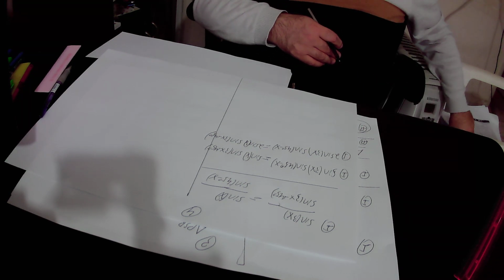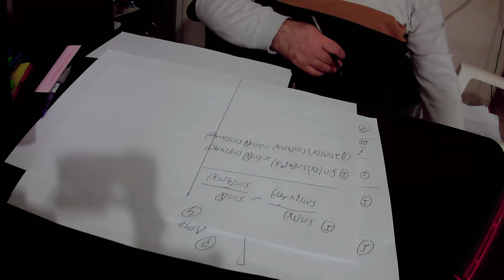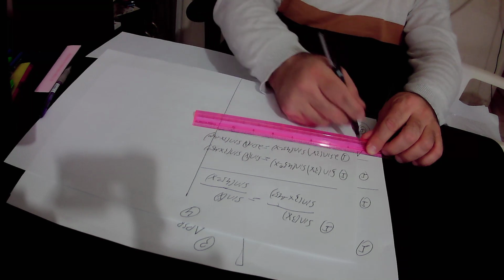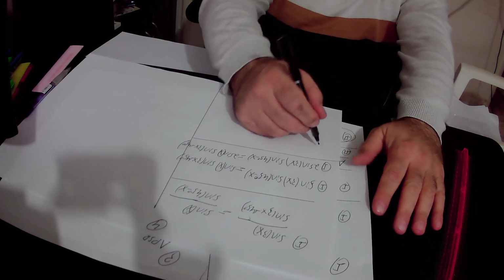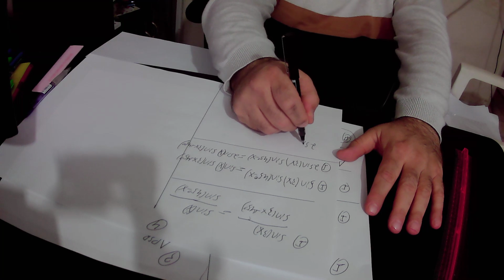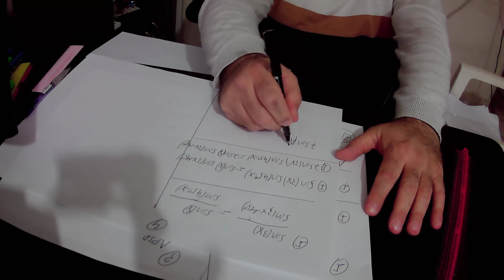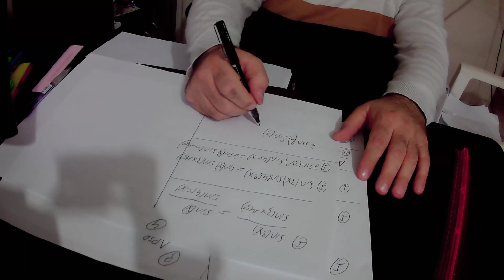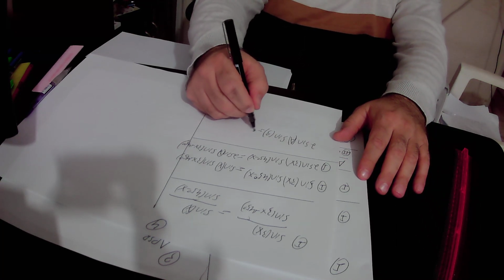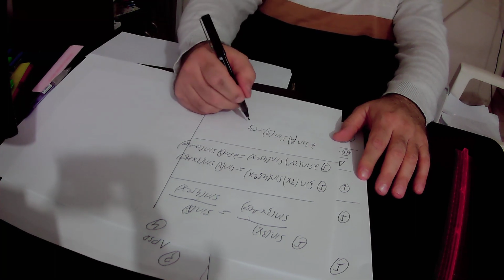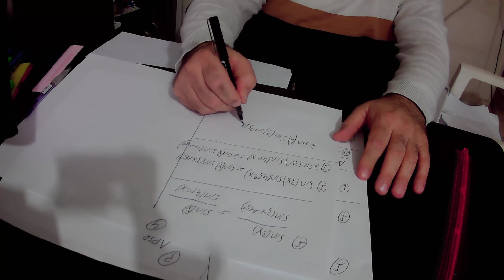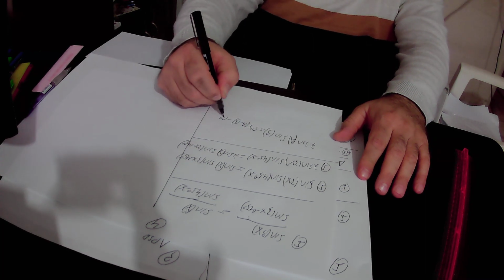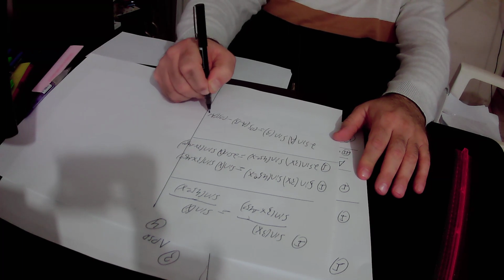Here we will use the trigonometric identity that 2 sine A sine B equals cosine (A minus B) minus cosine (A plus B).